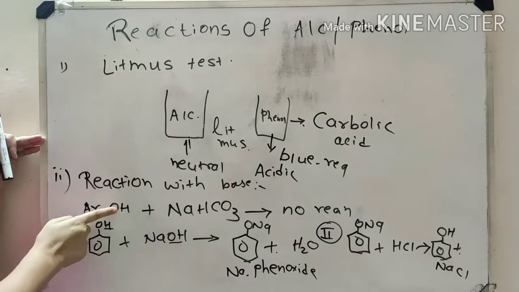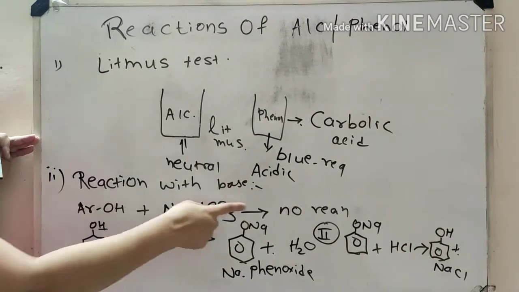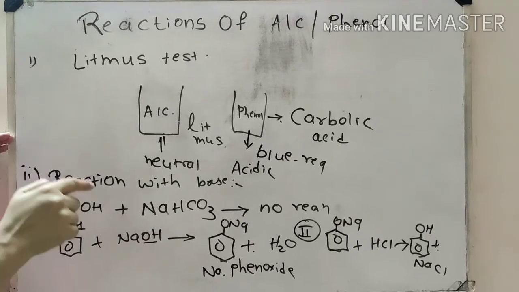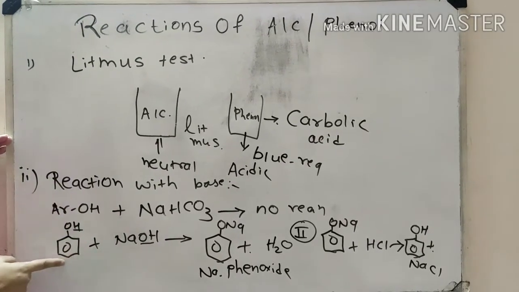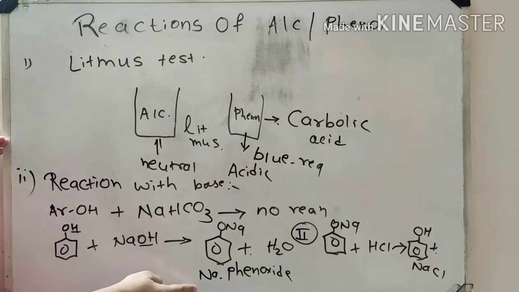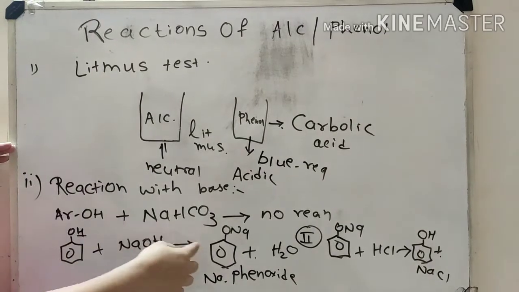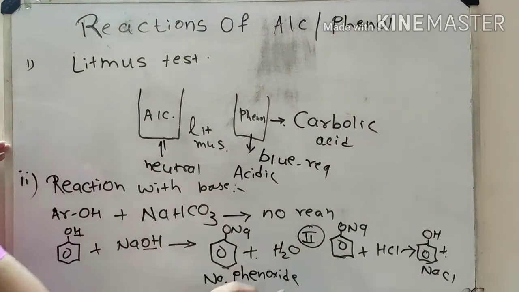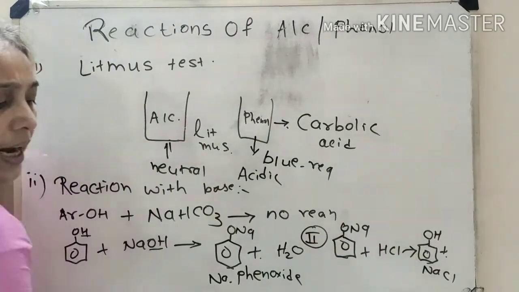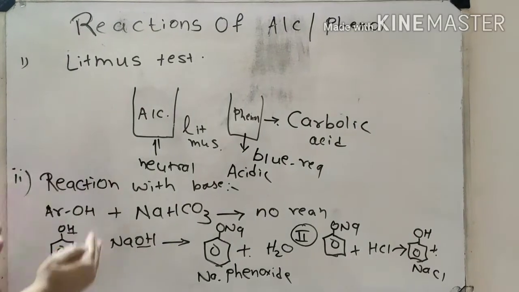Then no, because it's mildly acidic in nature. Hence, there is no reaction with NaHCO3. But it does react with NaOH in 2 steps. In step number 1, with NaOH, it gives sodium phenoxide with a water molecule as a byproduct. In step 2, this sodium phenoxide reacts with HCl to form phenol and NaCl. So now this is about phenol.